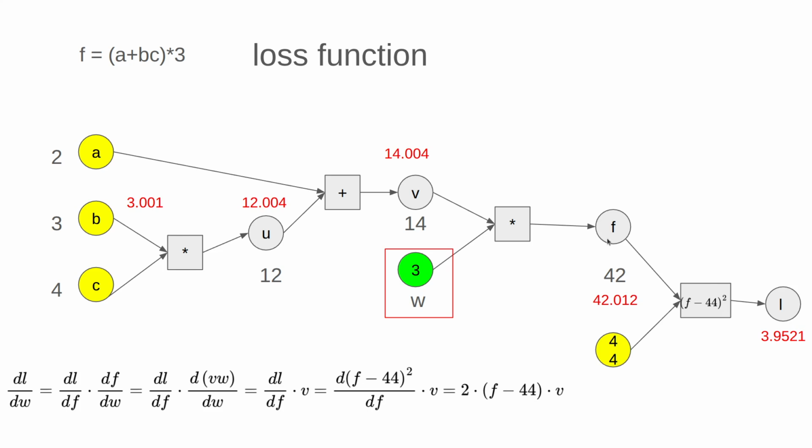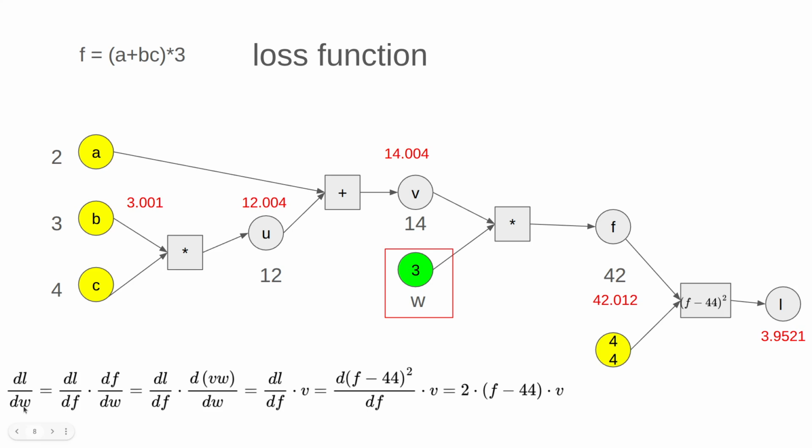The value of V is 14, we know. So we can get the value of DL over DW here by using the backpropagation algorithm, starting from here to here and to here.